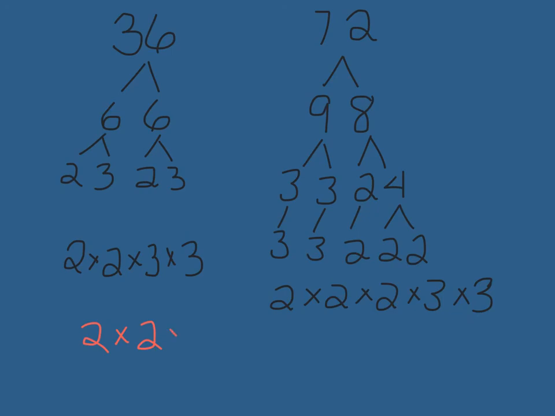So then I do times 3 times 3. So when I multiply 2 times 2, that's 4, times 3 is 12, times 3, that gives me 36. So my greatest common factor for 36 and 72 is 36.